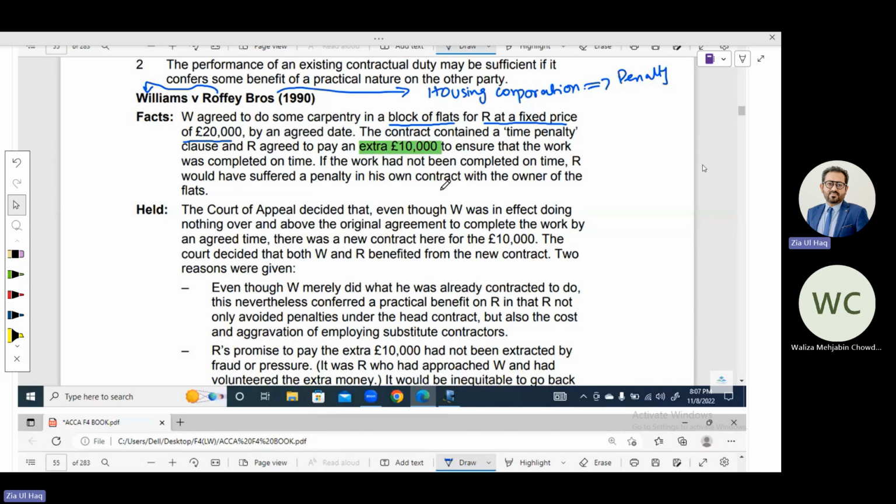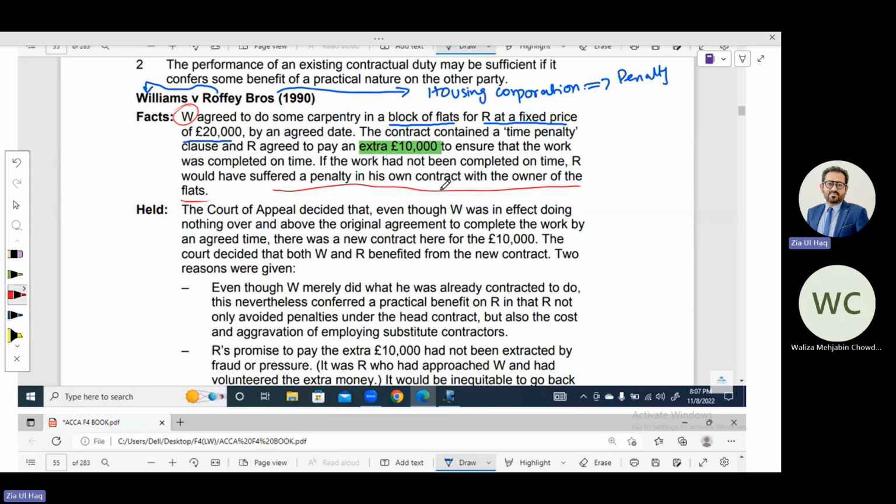W, these are the workers who are building a house for R. And there was a contract of 20,000, like they will receive 20,000 for their work. But R agreed, I will pay you 10,000 extra if you complete the work on time. If the work had not been completed on time, R would have suffered a penalty in his own contract with the owner of the flat.